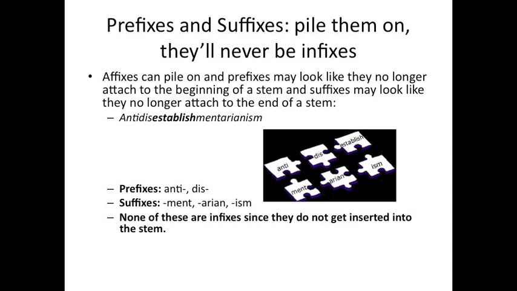It has the prefixes anti and dis, so anti attaches to the prefix dis. And then it has three suffixes, ment, arian, and ism. So ment attaches directly to the stem, and then arian attaches to ment, and then ism attaches to arian.